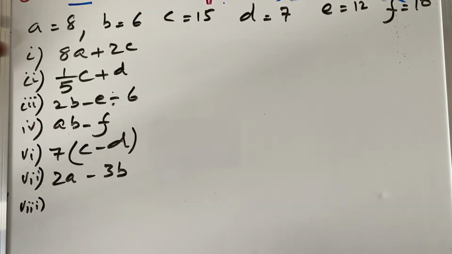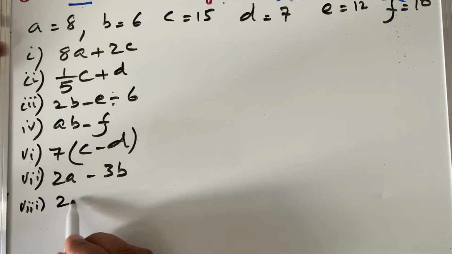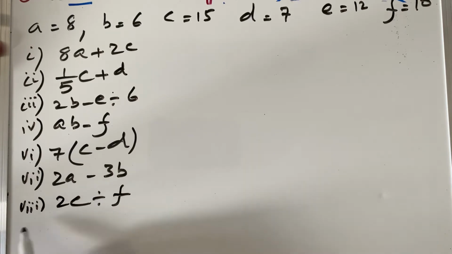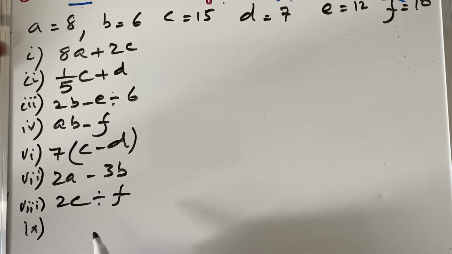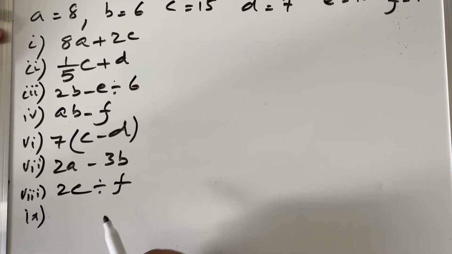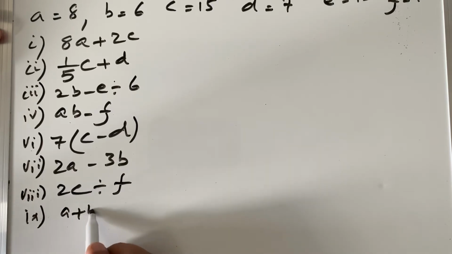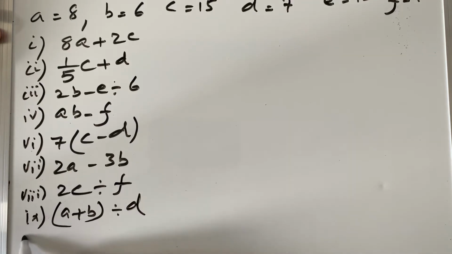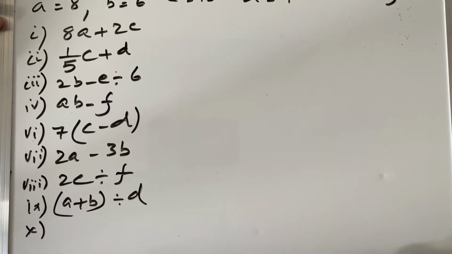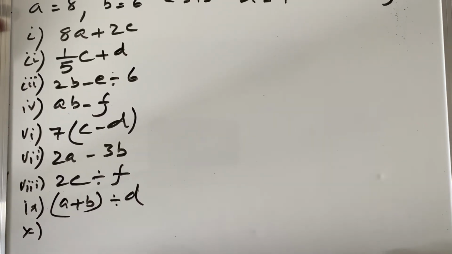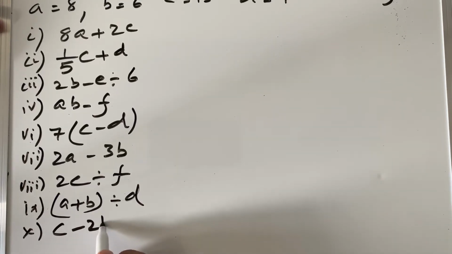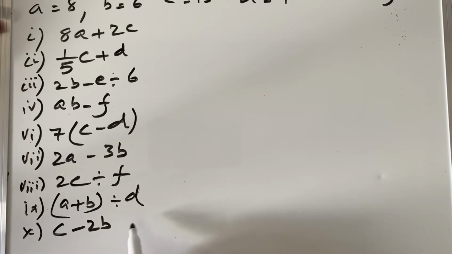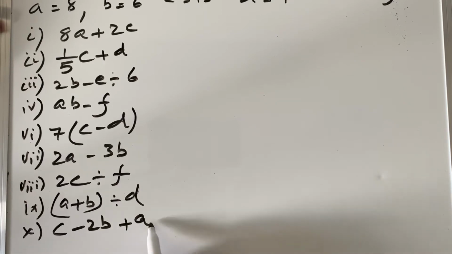So I can say 2C divided by F. 9th is A plus B divided by D. 10th is, what we can write is C minus 2B plus A, something like it.